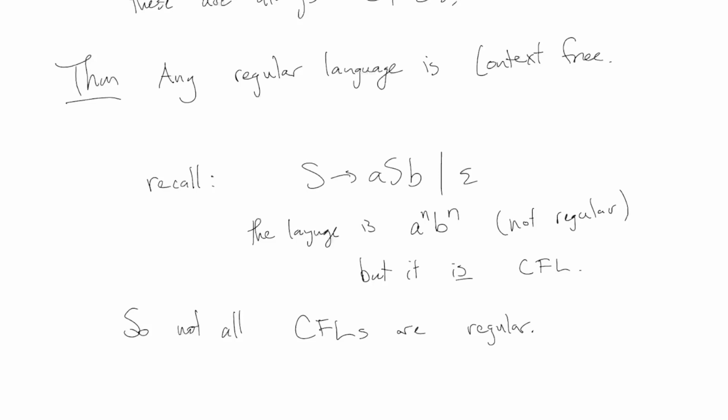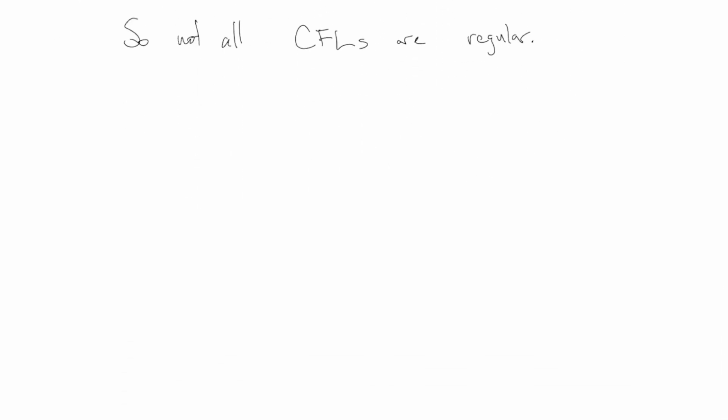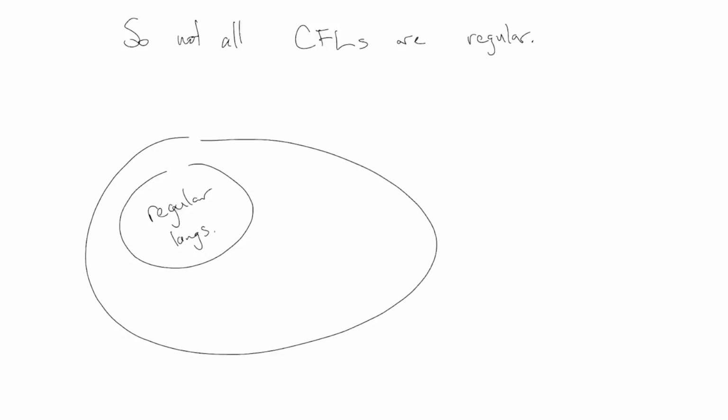What it means, and this is going to be a major theme for the rest of the semester, is that if you consider the universe of all languages, you can sort of classify them into languages of increasing complexity. What we have so far is a very simple Venn diagram: you have the universe of regular languages. Those are the simplest kind of languages that we are talking about in this course, but they live inside of a larger universe of context-free languages.